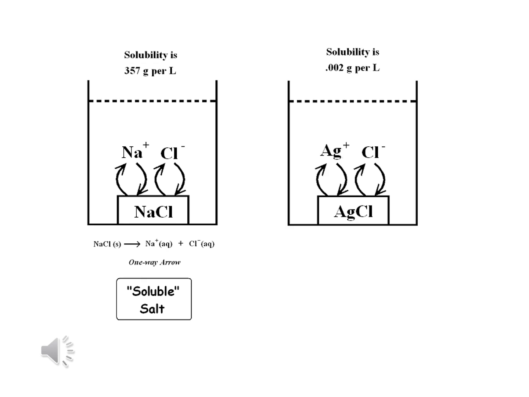Now, not all salts dissolve anywhere near to the same extent. The next slide shows silver chloride, which doesn't look that much different from sodium chloride. It's one metal with a Cl, but that salt only dissolves 0.002 grams per liter.